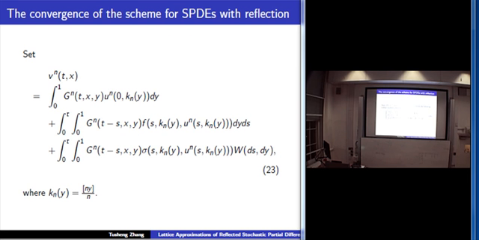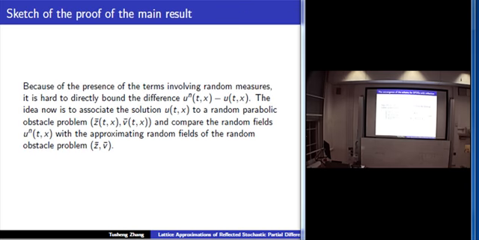So now I associate my solution to a solution of a random parabolic problem. So the only randomness comes from the barrier. You can solve this parabolic obstacle problem omega by omega.